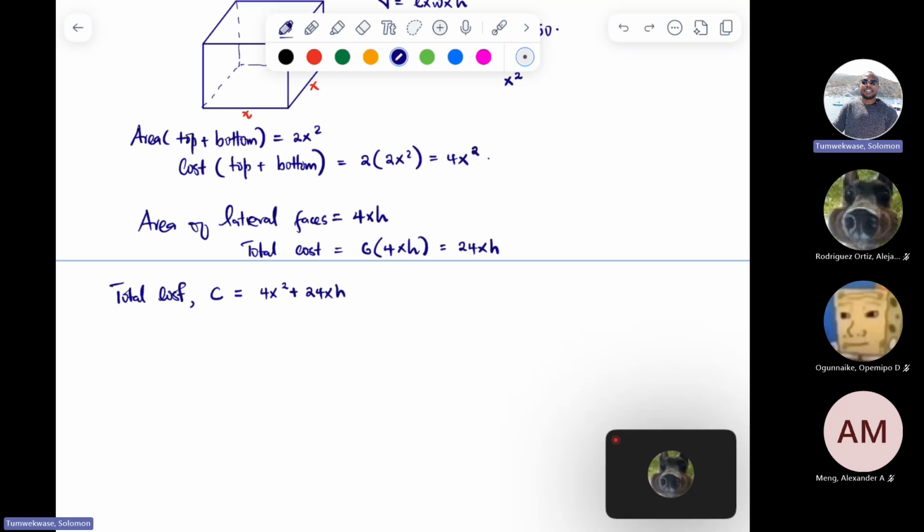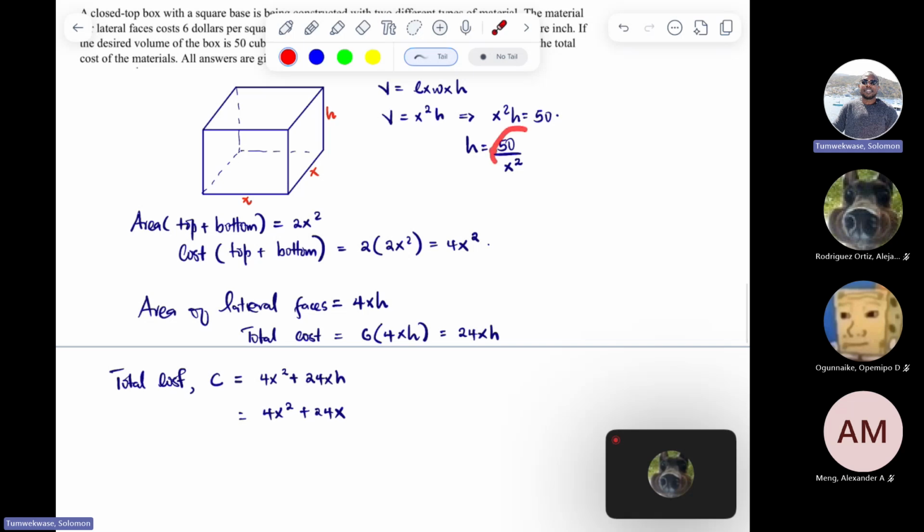So therefore, this is 4x squared plus 24x times h, and we know what h is. h is the same as 50 over x squared.